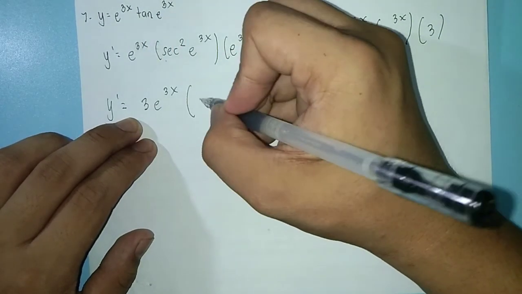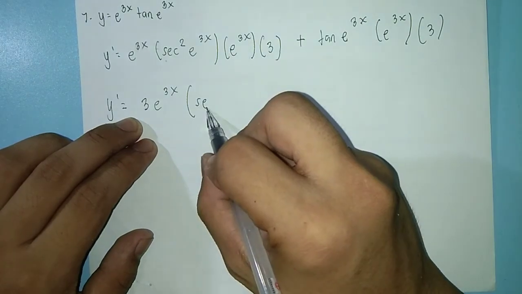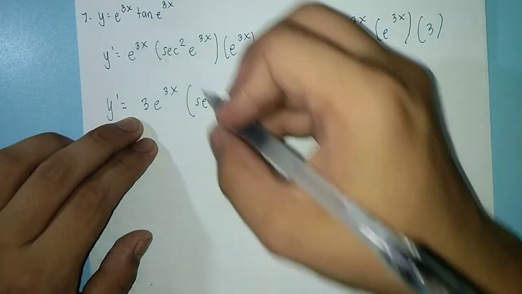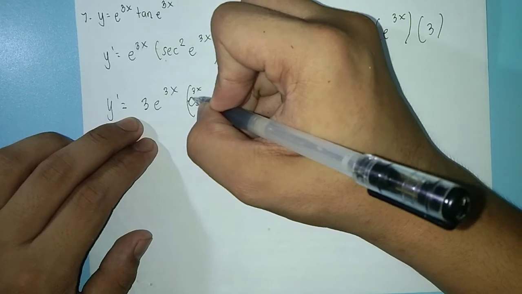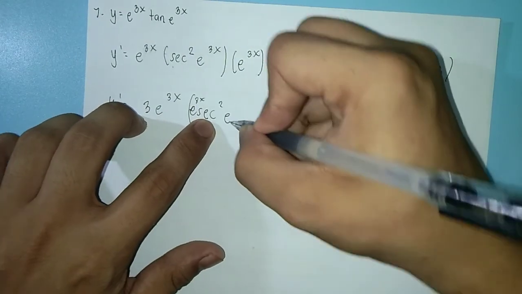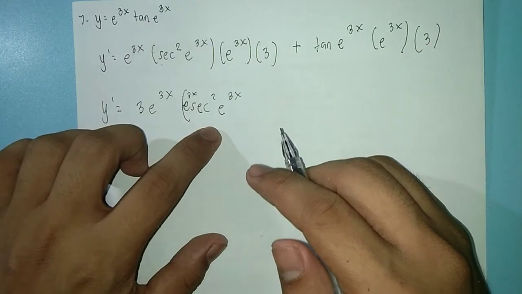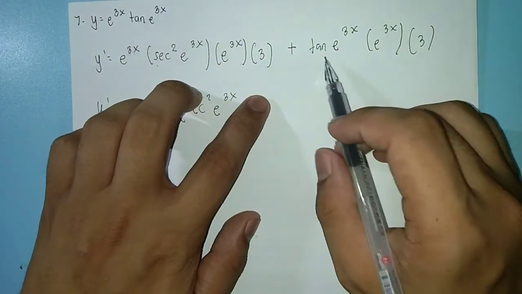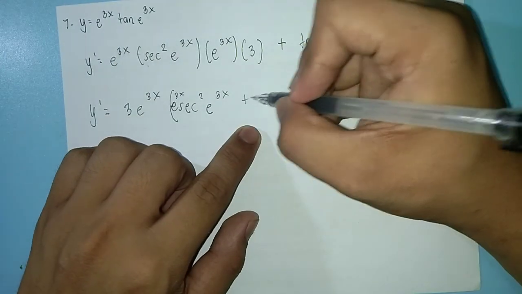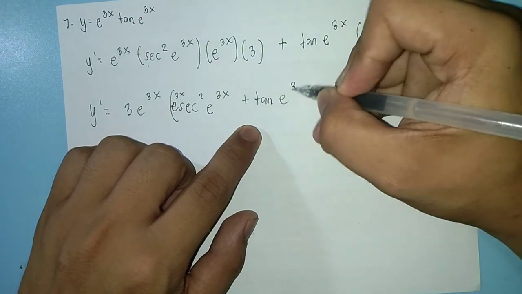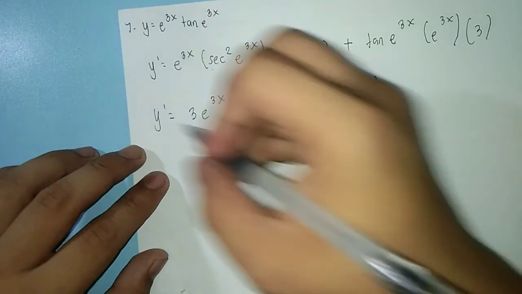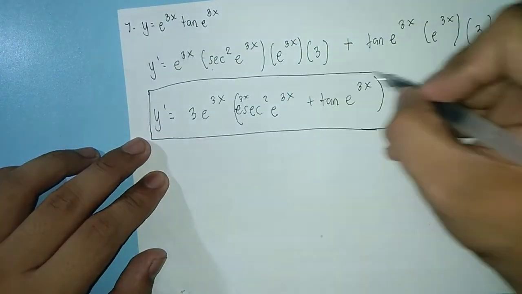So, ang matitira dito ay square of secant e raised to 3x, then, dito ang matitira ay eto na lang yung tangent e raised to 3x. Okay, so this will be our final answer.